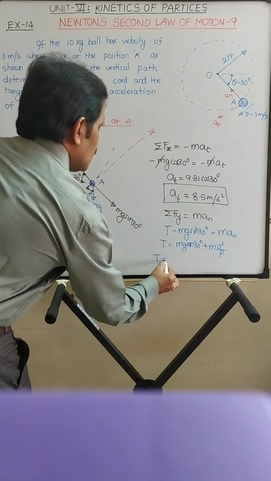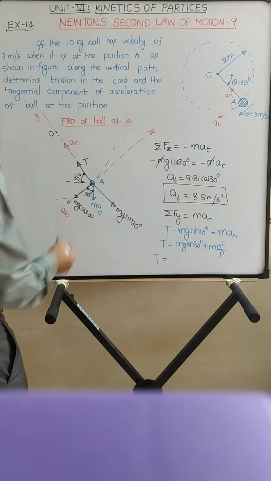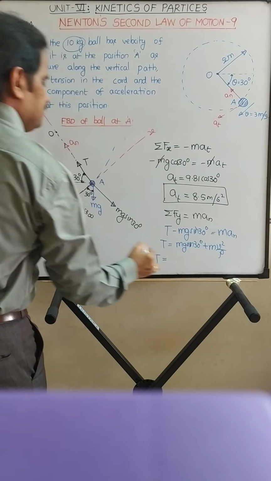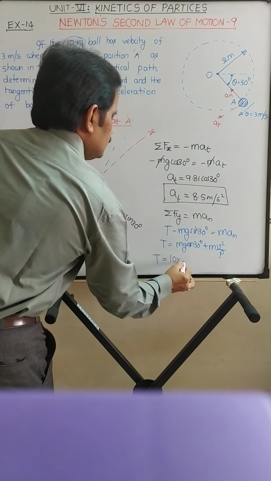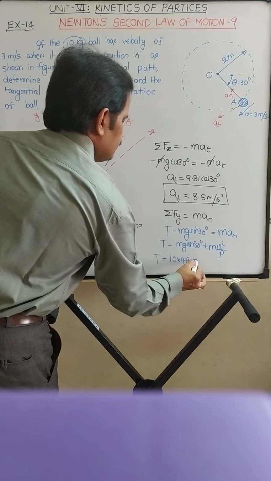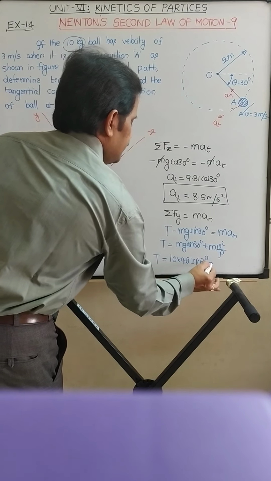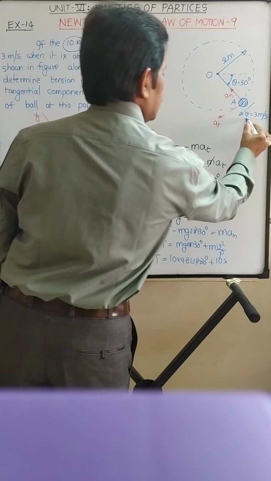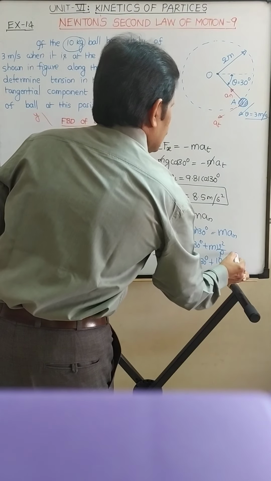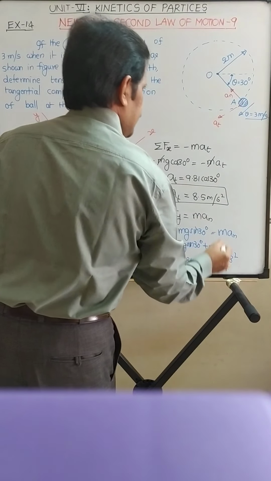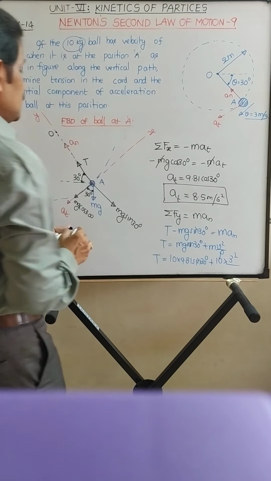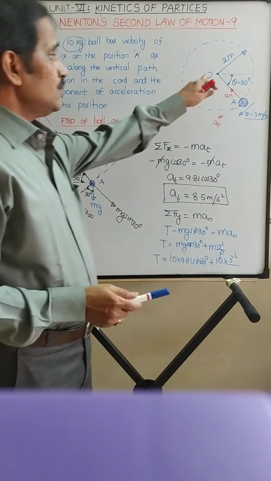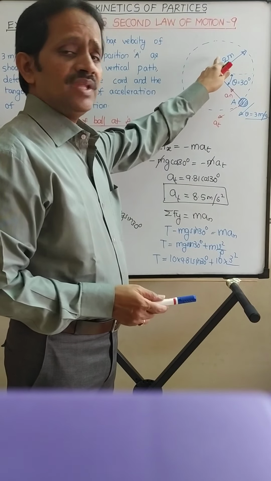So tension in the cord T is equal to, what is the mass of the ball? It is given 10 kg. So it is 10 into 9.81 sin 30 plus 10 into, v is given 3 meters per second at position A, so it is 3 square upon rho. Rho is radius of curvature of the path, that is 2 meters.